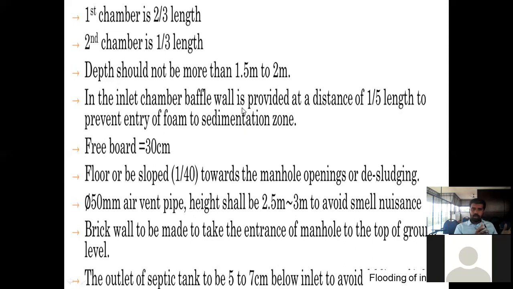In order to restrict that foam to the first chamber itself, we give a baffle, so that all the foam and those things will settle in the first tank itself. Then the rest only will go to the second chamber, and then only water will go to the third chamber. Then from the third chamber it will go to the soak pit.